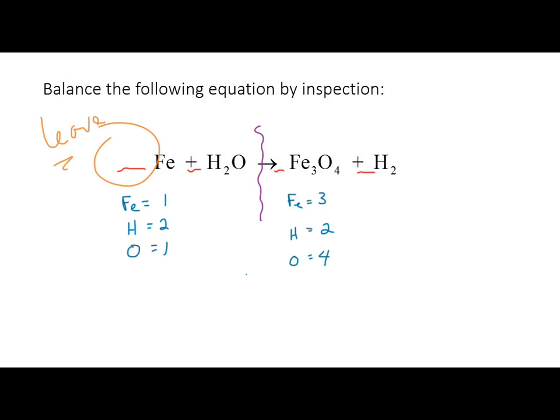For instance, let's fix our O's. I have 4 over here, and I only have 1 here. So to get 4 on the left, or the reactant side, how would I do that?